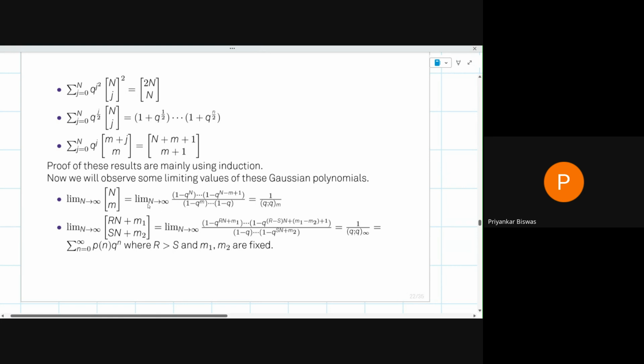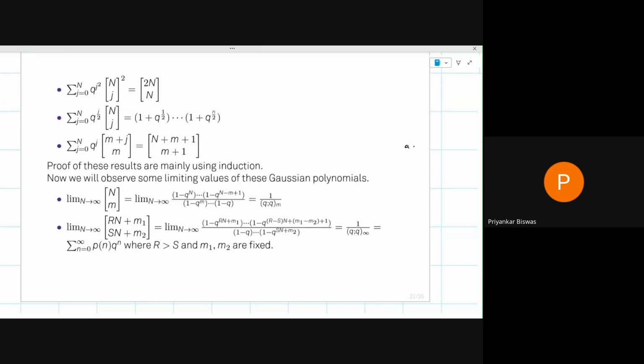In this case, as N tends to infinity, this part will become equal to 1, and this is 1 minus q into the product of 1 minus q power m. Here, this is a way of representing this type of product. This is a q-Pochhammer symbol.